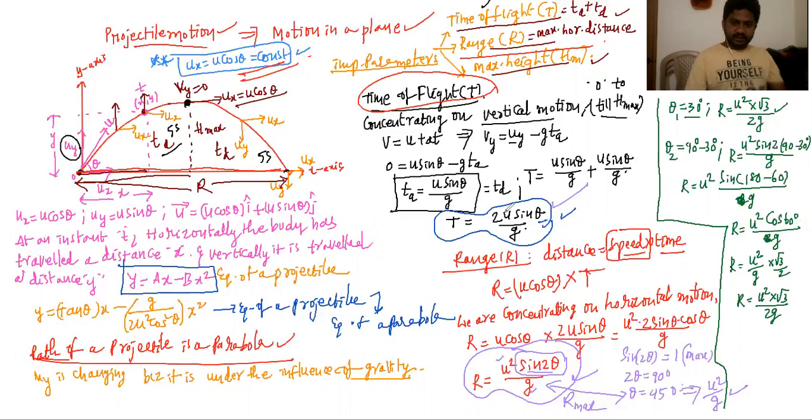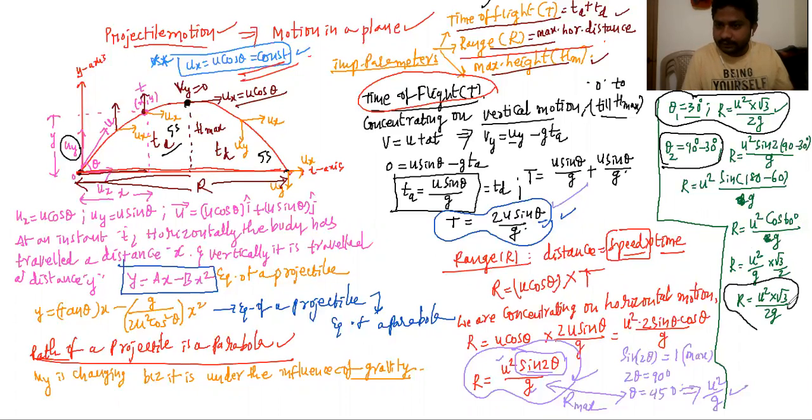What you should understand here is why I told you these are important areas to consider. This is the best example to prove that when your theta value is 30, you get a range, and when your theta value is 90 minus 30, you get the same range.